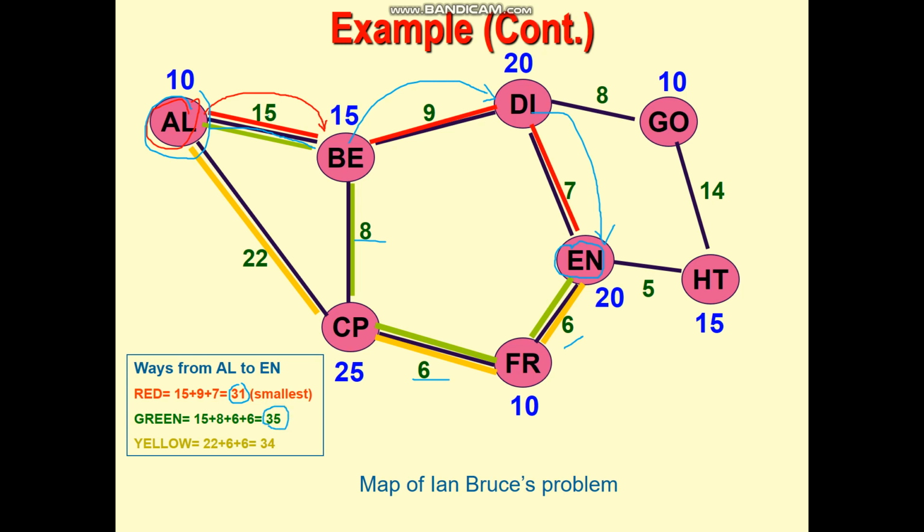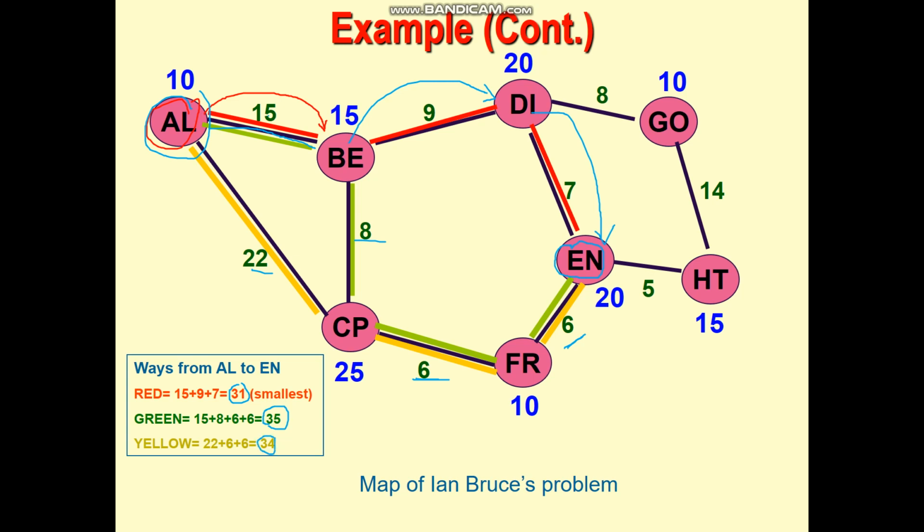We also can go another way, the yellow way, from AL to CP, CP to FR, then FR to EN. The total distance is 22 plus 6 plus 6, so we have 34.